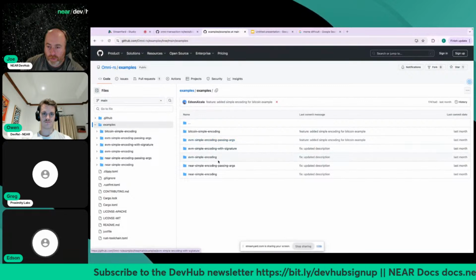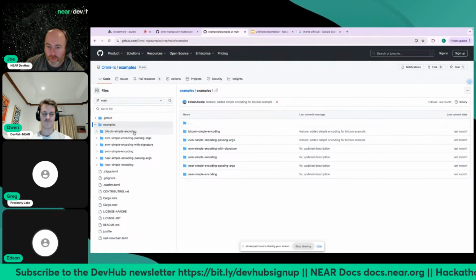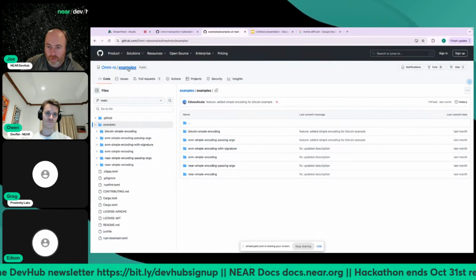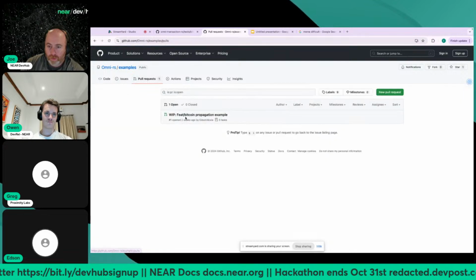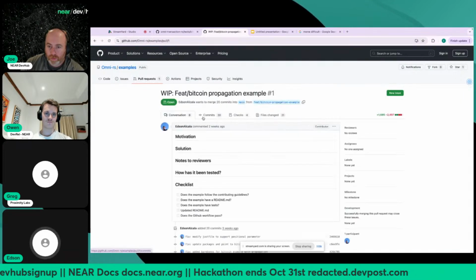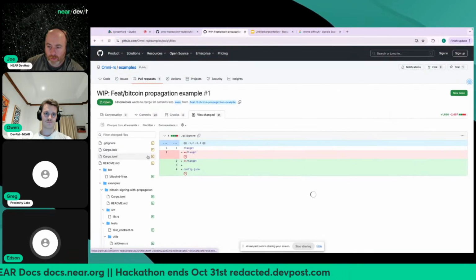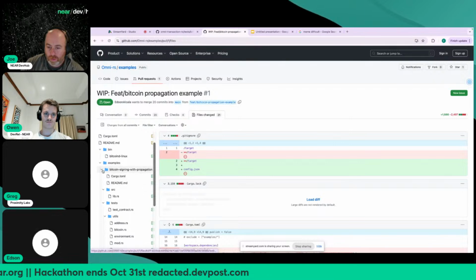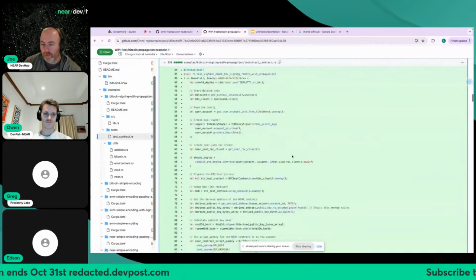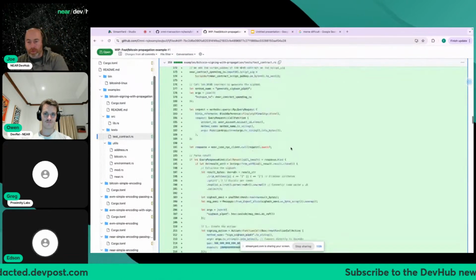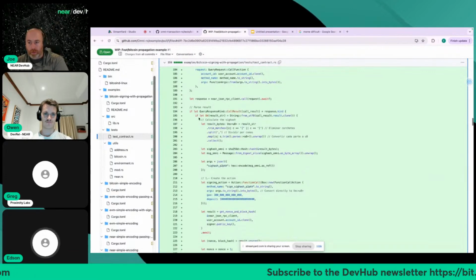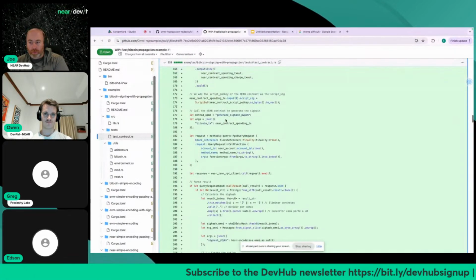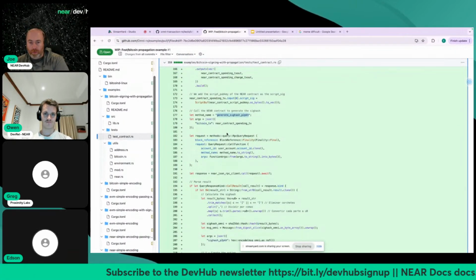The example is still not updated, but I'm adding an example here where I'm signing. You can see that I'm calculating the SIG hash in the Near contract.